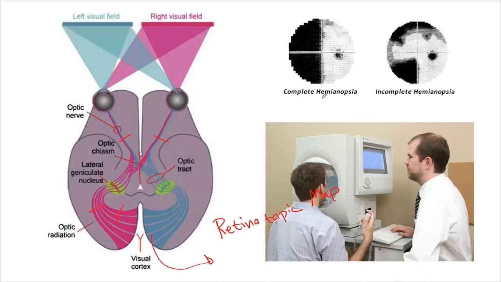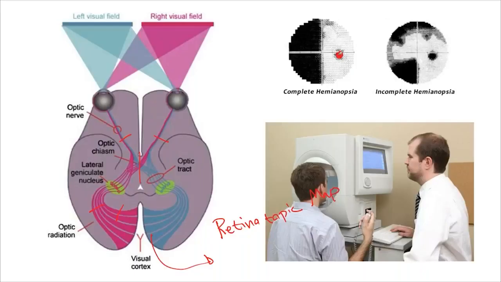For example, here, this map is showing what we call hemianopsia or hemianopia. It means one part of the visual field is blinded, so you cannot see that part. What is this? This is the blind spot.